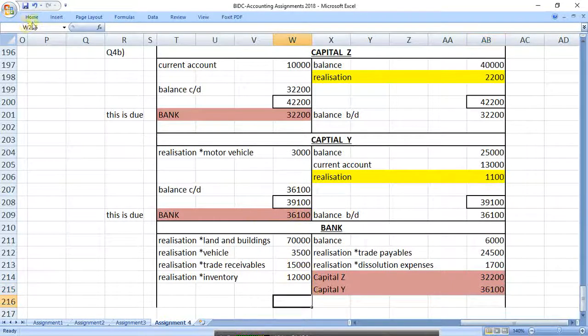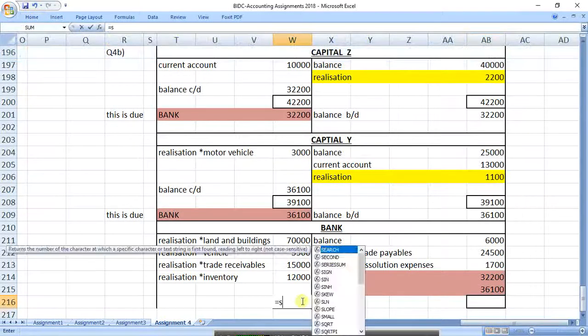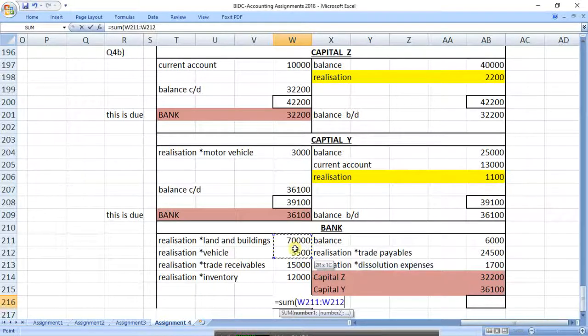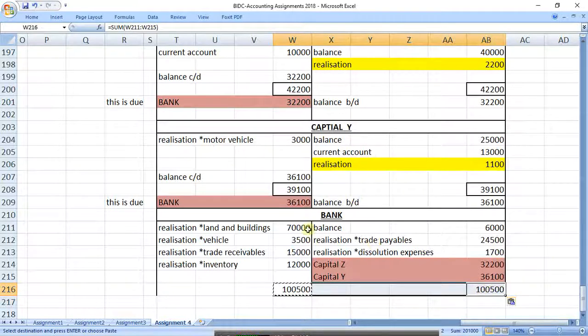Right, and then the last step, if you had to draw up the bank account, would be to total up. Okay, and then if I sum up this side, I get that, and if I sum up this side, I get that, and that should balance. If you get it to balance, then it's perfect. There we go, that's good.